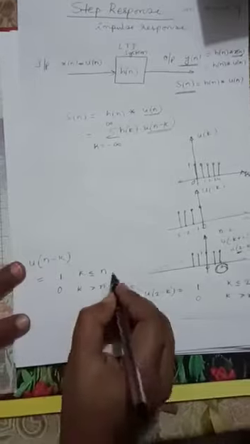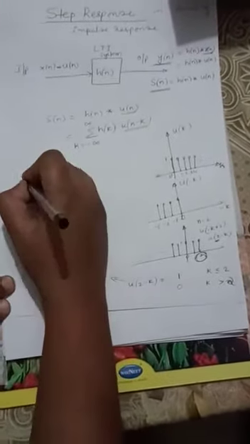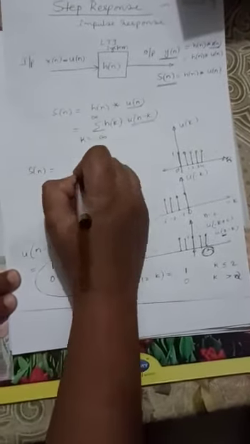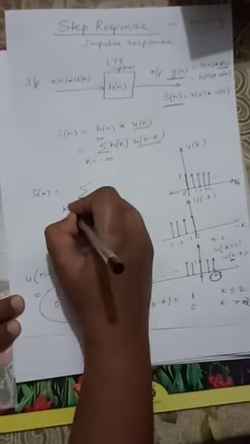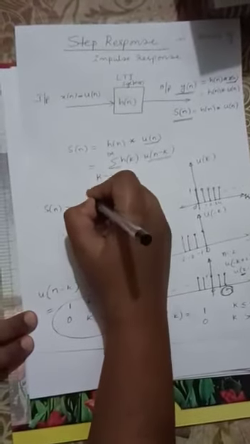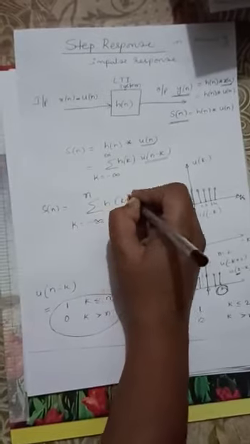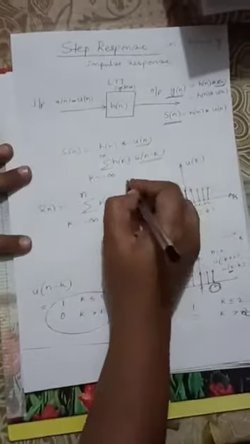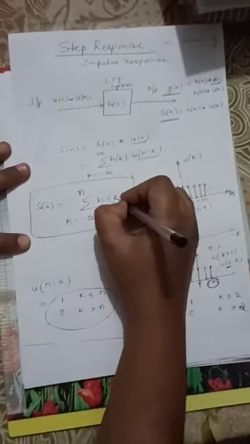Now if we apply this logic, then your s of n is just the summation k equals minus infinity to n of h of k. So this is the step response.